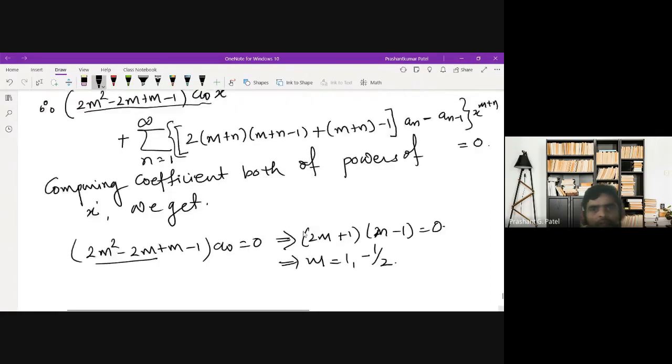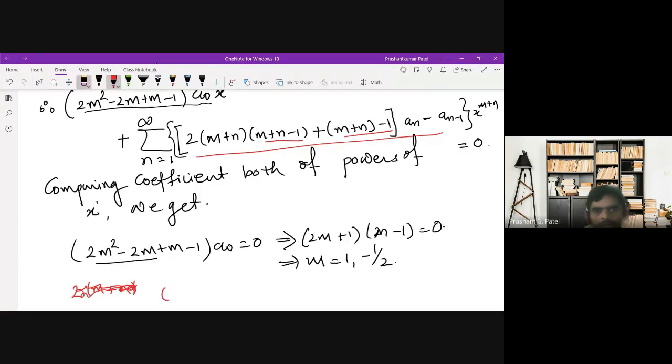And the other equation is this, which we have written here. That is the other power of x power m. So we'll have another equation, that is 2 into m plus n. And you just observe that m plus n minus 1 is here also. So if I take common out m plus n minus 1, then what do we get? Can you tell me?